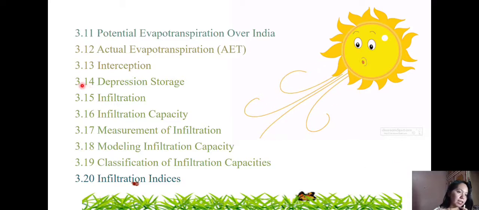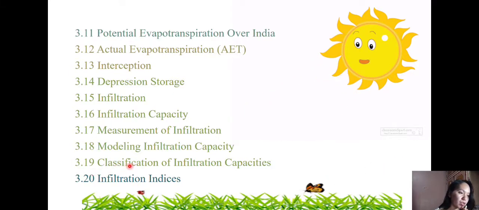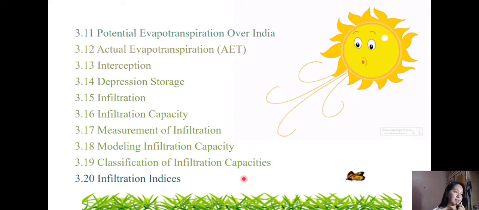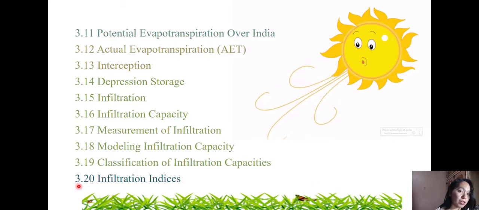And sections 3.14, depression storage, to section 3.19, classification of infiltration capacities, discuss the infiltration process, which is a major obstruction from precipitation and an important process in groundwater recharge and in increasing soil moisture storage. The last topic of this chapter is found in section 3.20, infiltration indices.